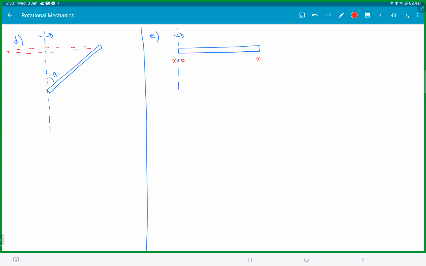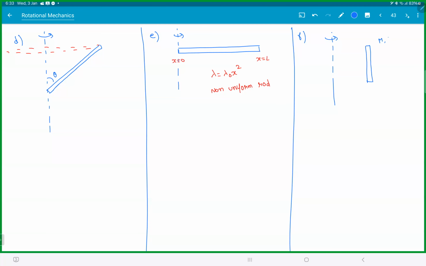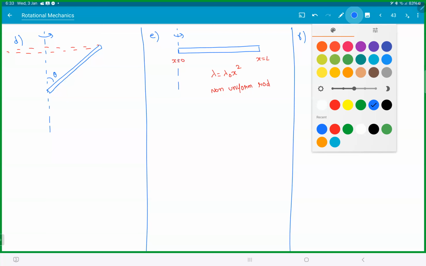X is equal to 0, x is equal to L, lambda is equal to lambda naught x square, a non-uniform rod. Rod parallel to the axis.